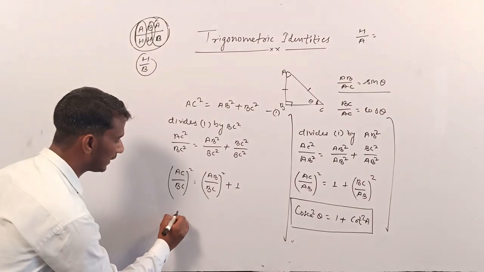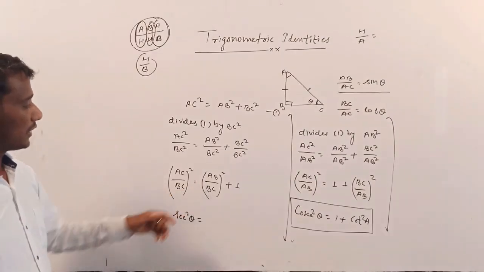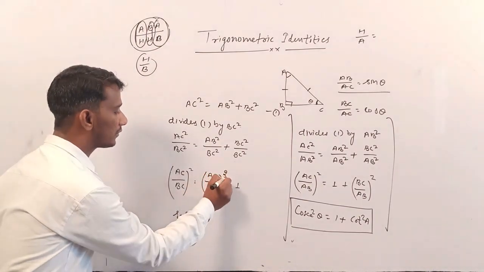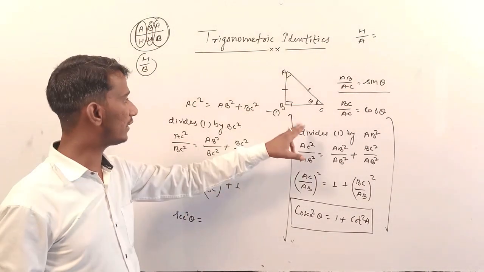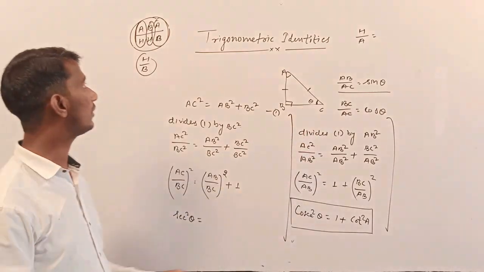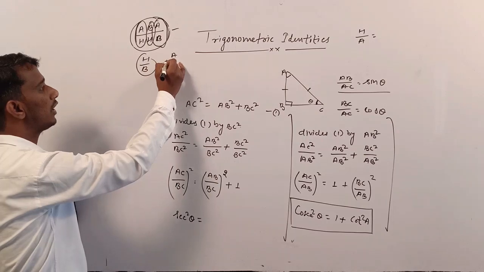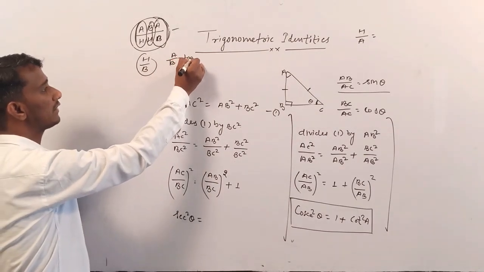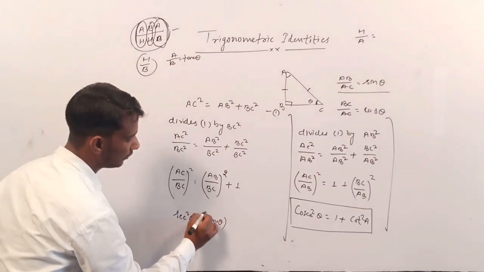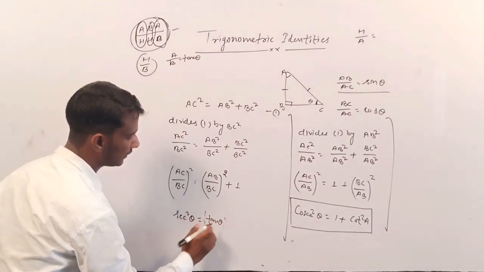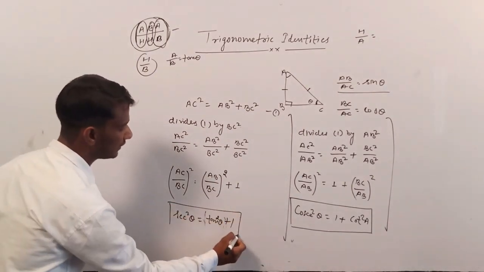So we can write sec square theta equals, and AB upon BC means altitude upon base, which is tan theta. So we can write tan square theta plus 1. This is your third identity.